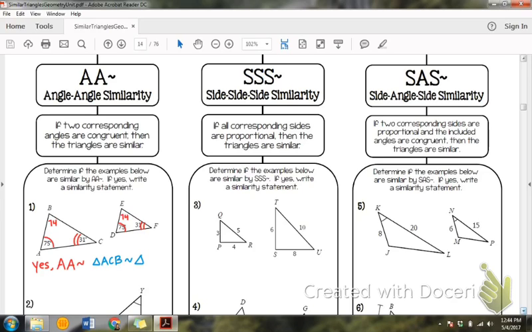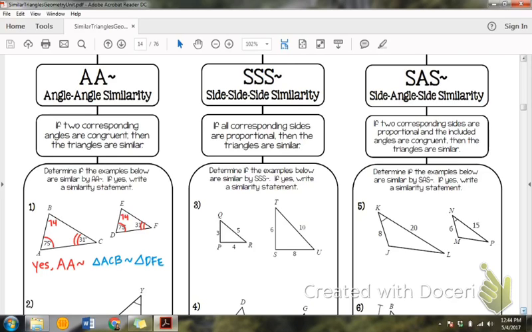DFE, and it must go in that order, right? Angle A matches up with angle D, C matches up with F, and B matches up with E. So DFE, good, I'm sorry.